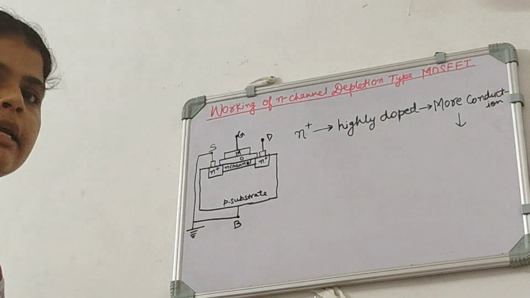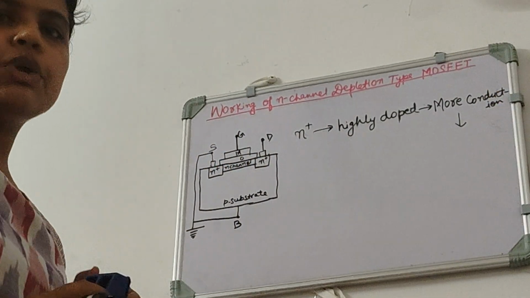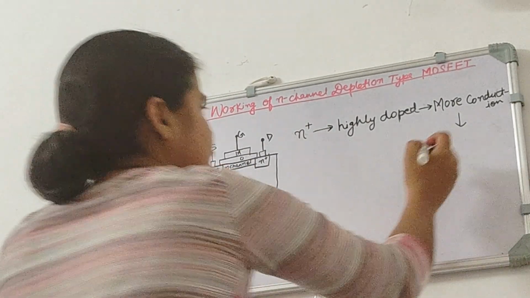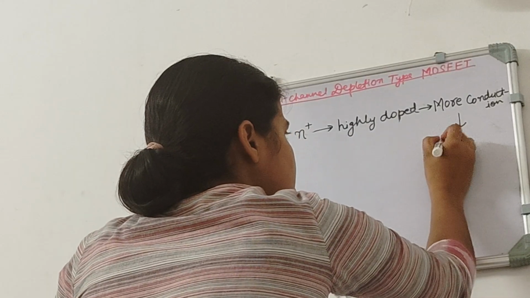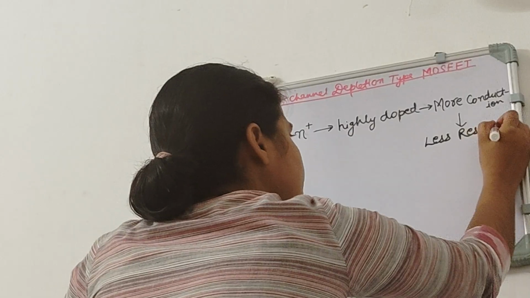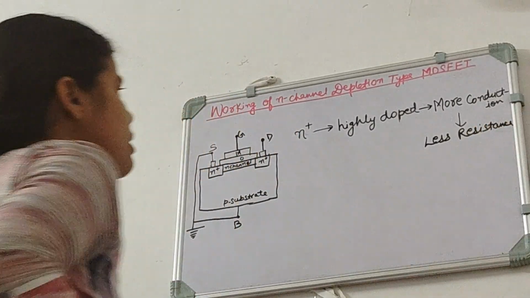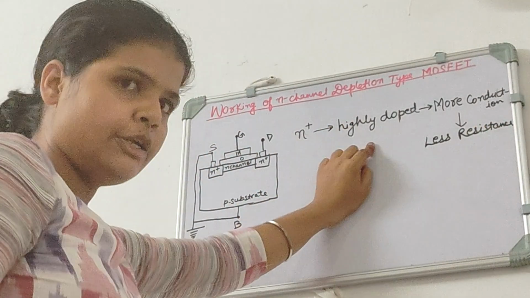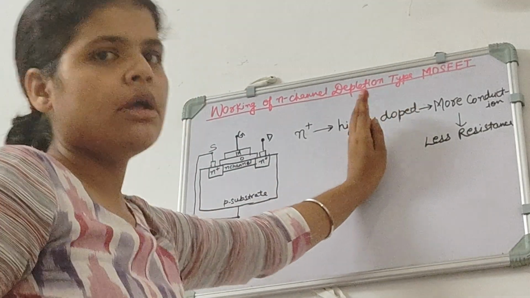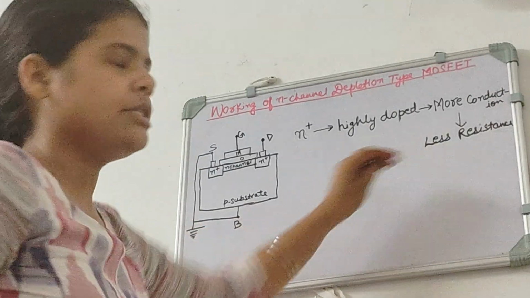And conductance is inversely proportional to resistance. So if it has more conduction, it has less resistance. So N plus is highly doped material. Highly doped means more conduction, and more conduction will lead to less resistance.